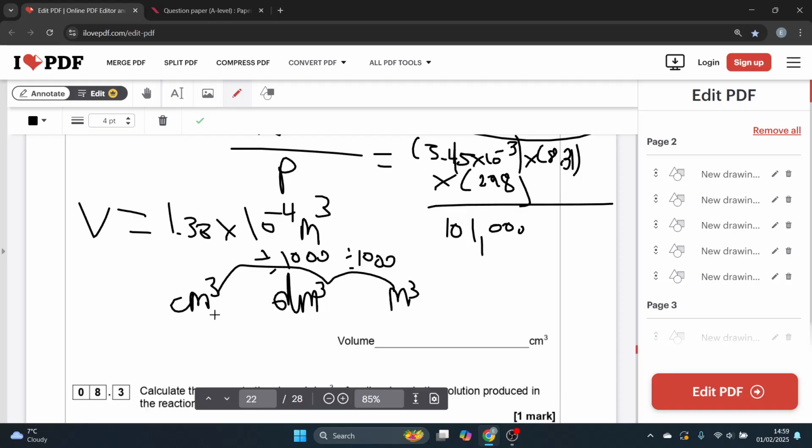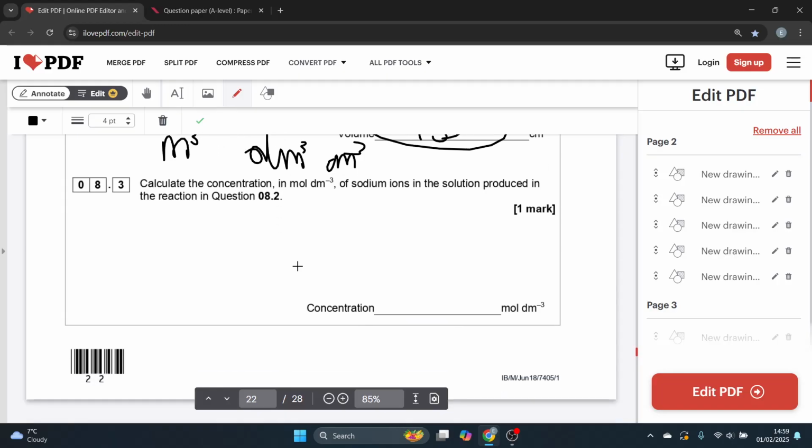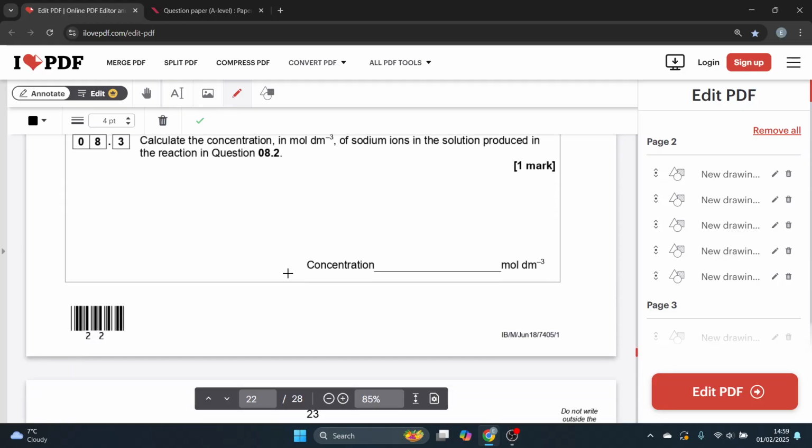It's the other way around. Meters cubed, dm cubed, centimeters cubed. So to go from meters cubed to centimeters cubed, I need to times by a million. If I times by a million, and then times by 100 again, I get 133 centimeters cubed.